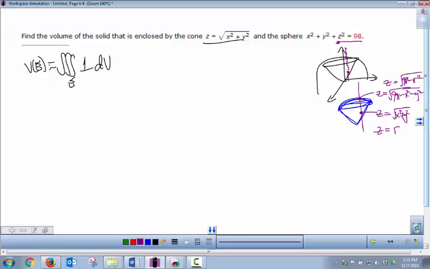Okay? So those will be our z limits. Lower limit at r, upper limit at the square root of 98 minus r squared. And so we see now that we're not always going to have constant limits, especially if your E region is not shaped like a cylinder. Here it's a cone.